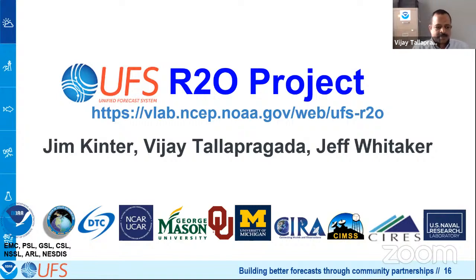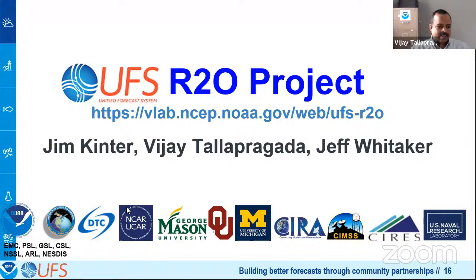Jim Kinter from George Mason, representing the research community outside of NOAA, myself representing NWS operations, and Jeff Whitaker from ESRL PSL, representing the NOAA research. And this is a $15 million project that was funded collaboratively by OAR and the service. And it's about 120 people working in this project, supported by this project.